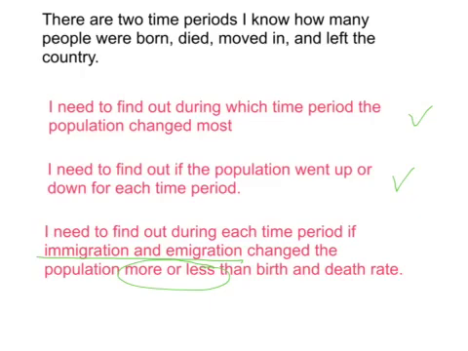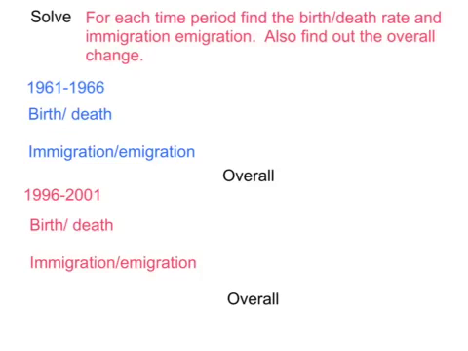So to do this, I'm going to try and save some time. Now that I've looked at all the questions and I know what I have to find, I'm going to try and do my math in an order that will allow me to get all of the answers by doing the math only once. I know that I'm going to need the birth and death rate separate from the immigration and emigration statistics.